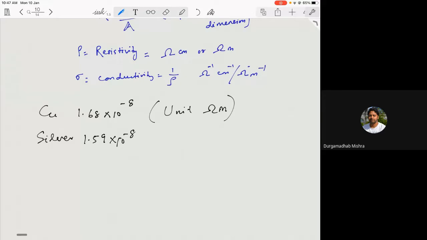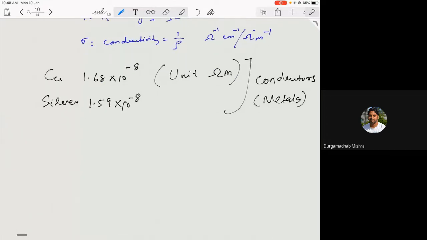So these are known as your conductors, or metals. Most of the metals are good conductors. Then you have another class of material. So let's say look at silicon.